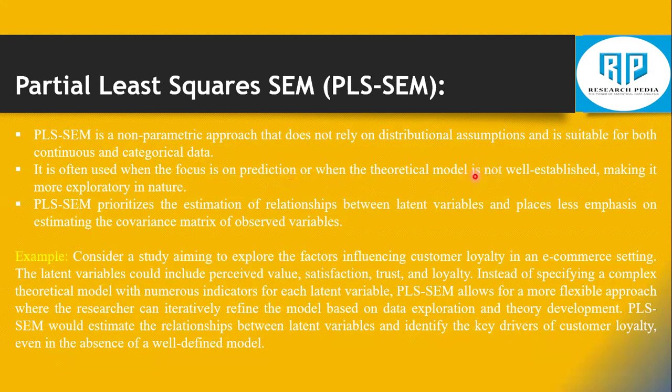So when you have a theoretical model which is not established and where prediction is involved, then you need to use the PLS-SEM method. PLS-SEM prioritizes the estimation of relationships between latent variables and places less emphasis on estimating the covariance matrix of the observed variables. In CB-SEM, more focus is given to the covariance matrix of observed variables, while in PLS-SEM, less emphasis is given to it and more priority is given to latent variables.